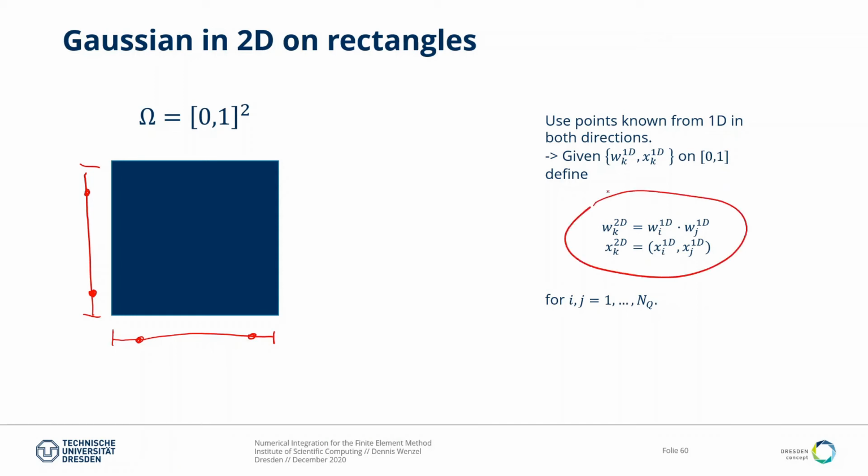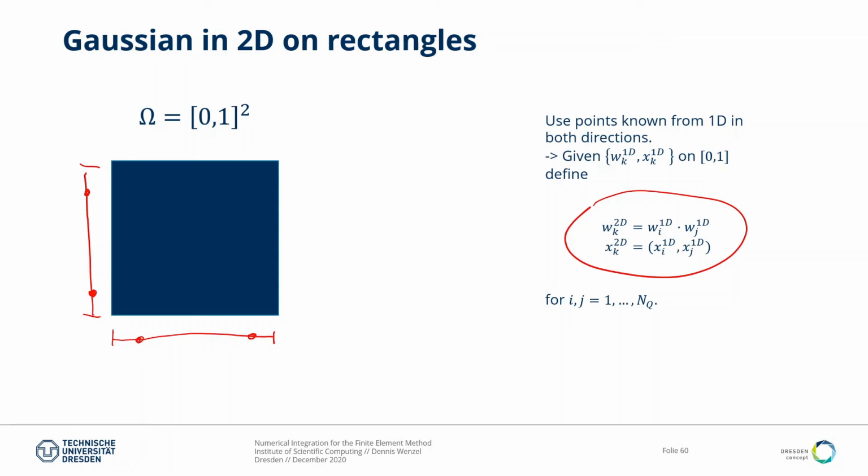So every weight in the 2D case is simply given by multiplying 2 weights from the 1D, and every point is given by combining a 1D point in the x component and a 1D point in the y component.